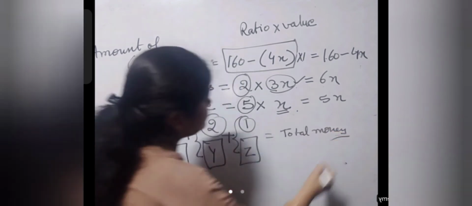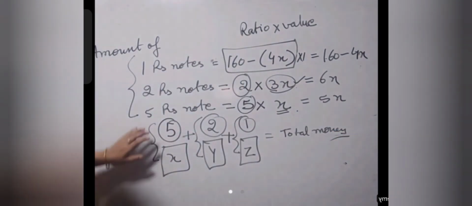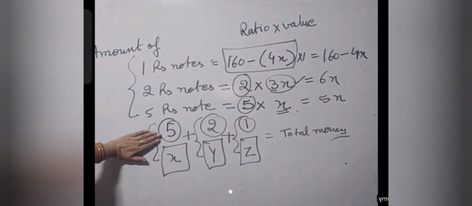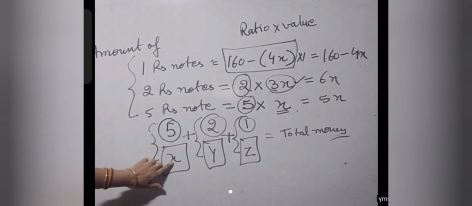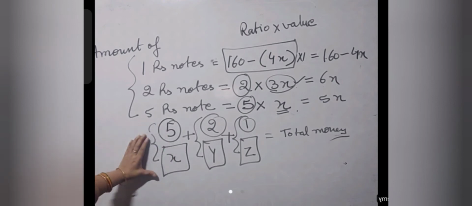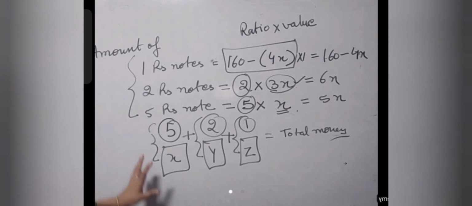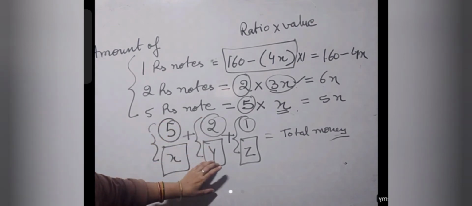For example, if in your piggy bank you have x coins of rupees 5, say 10 coins, then the total money of 5 rupee coins is what? 50 rupees. Similarly for 2 rupee coins.